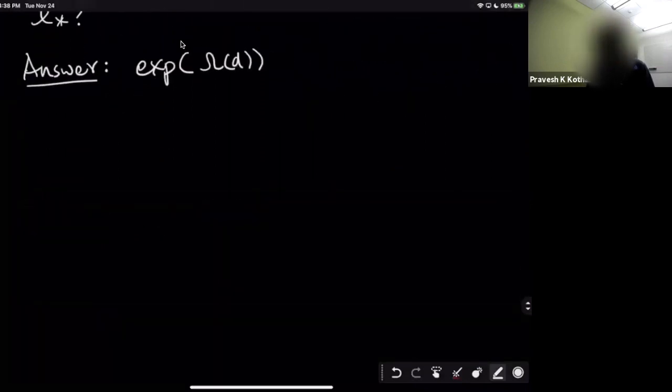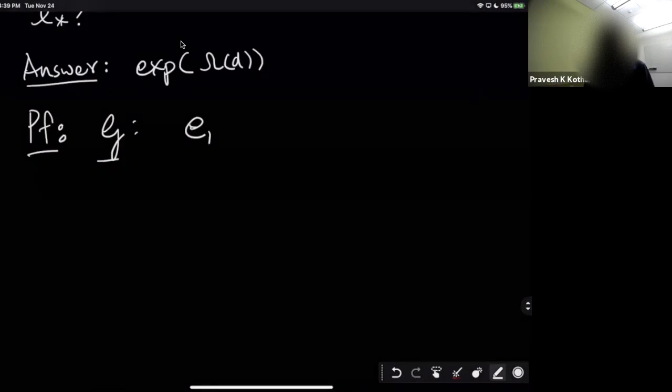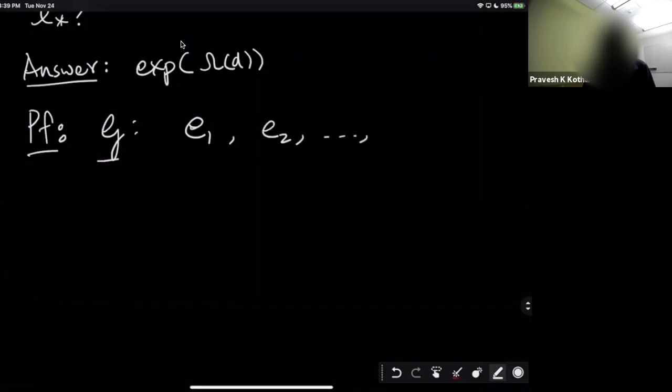Here's the construction. So my good part is simply going to be the following. I will have an equal number of equations for each of the D standard basis vectors. So the e_i's are simply 1 0 0 0 and 0 1 0 0 and so on.